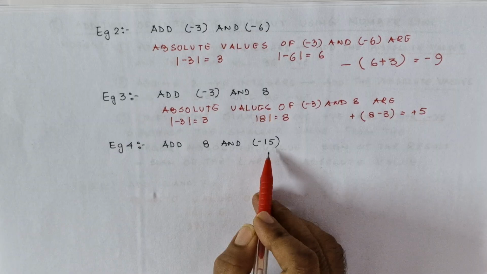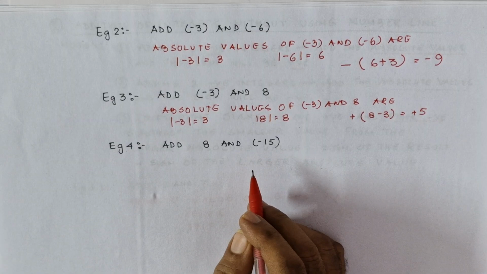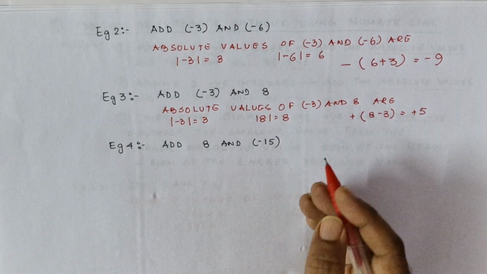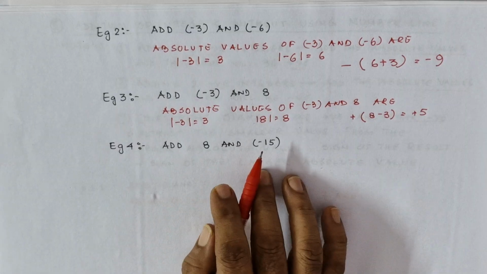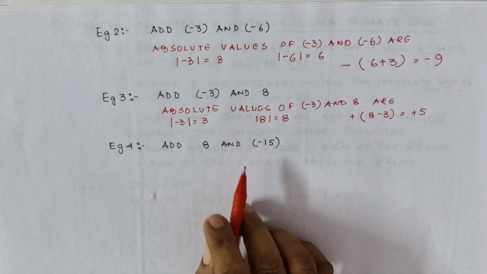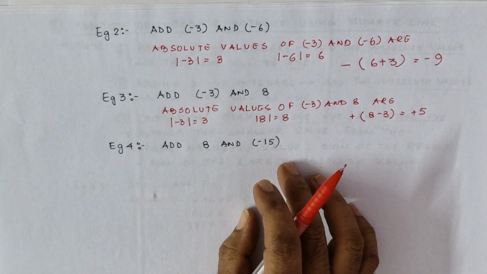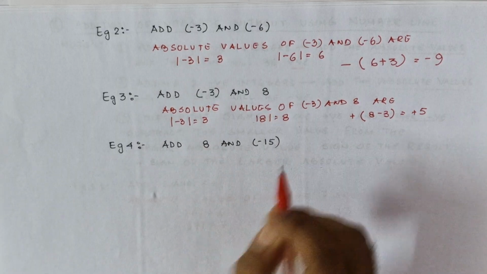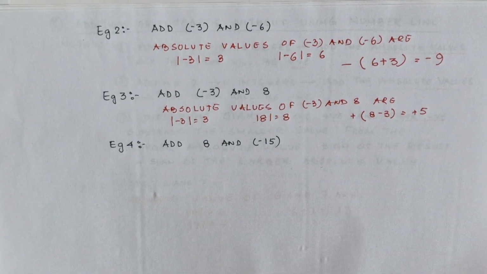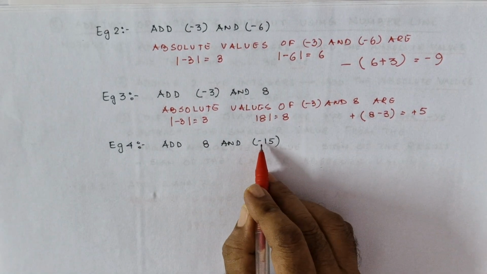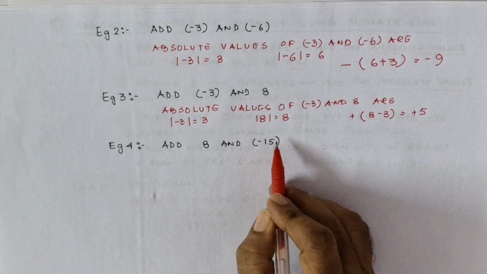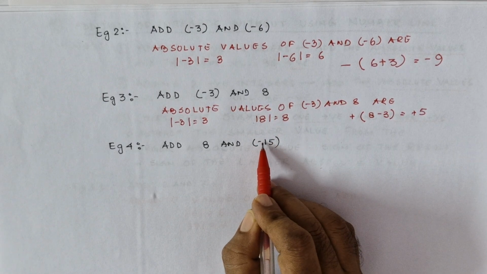Now let's see if the larger number is negative. Add 8 and minus 15. The signs are again different. So we will find the absolute values, subtract the smaller one from the larger one, and put a negative sign. Why? Because the larger integer has a negative sign before it.